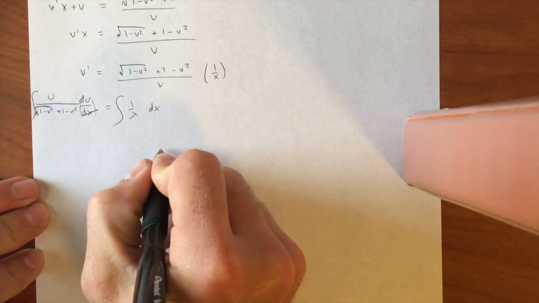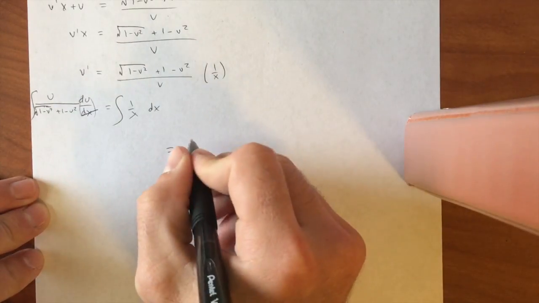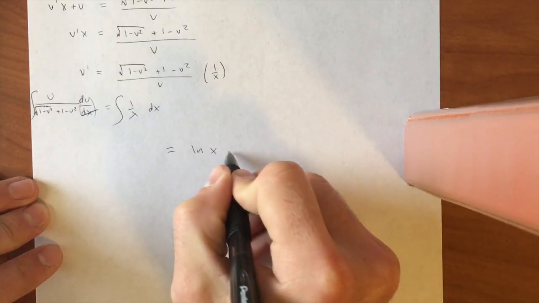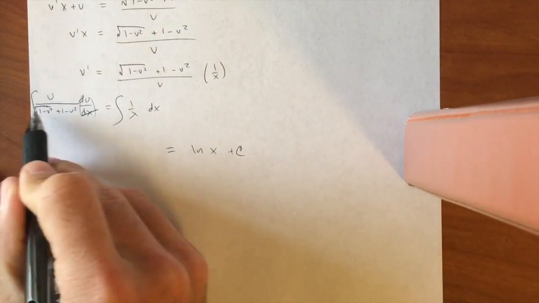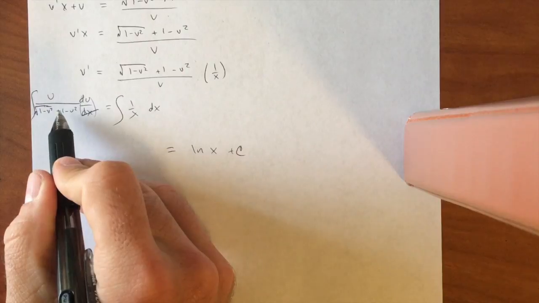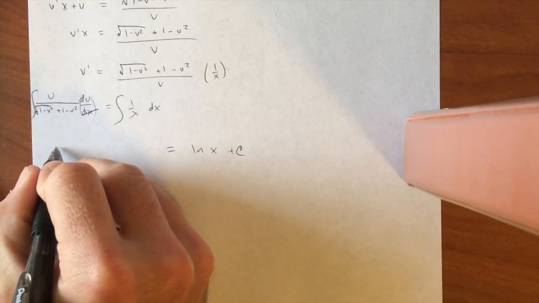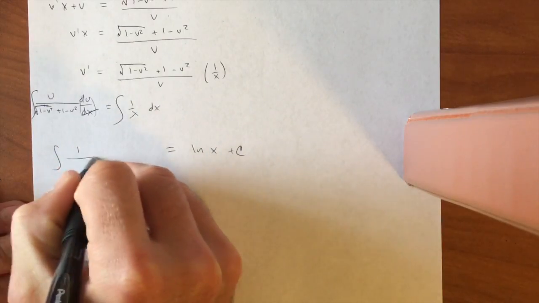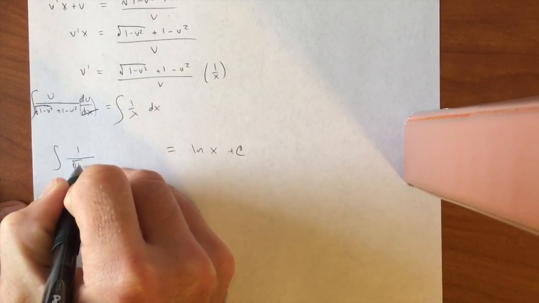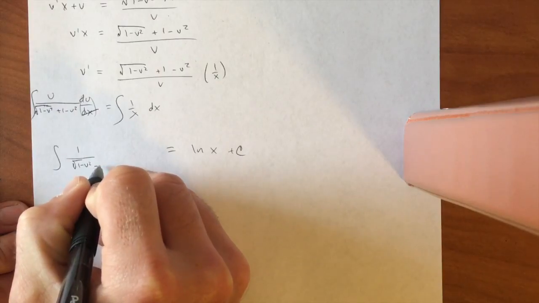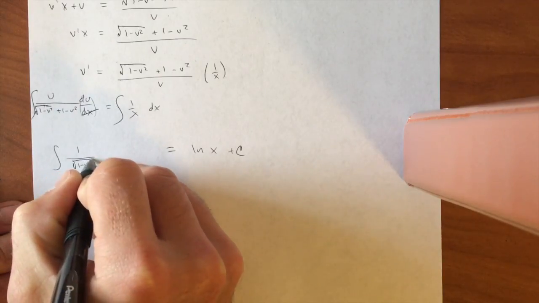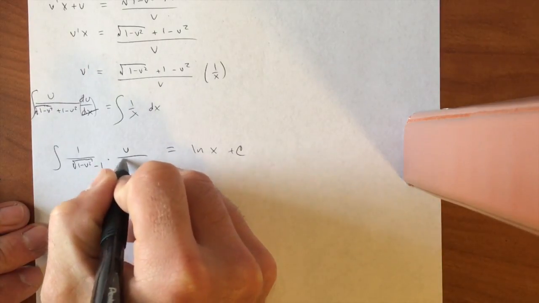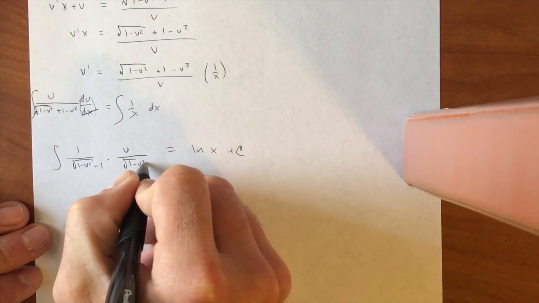Well, I'll move the equal sign right over here. We know that the integral of 1 over x dx is going to be natural log of x plus c. And we can look at this integration, we can separate the fractions and make it look like 1 over square root of 1 minus v squared plus 1, multiplied by v over 1 minus v squared.